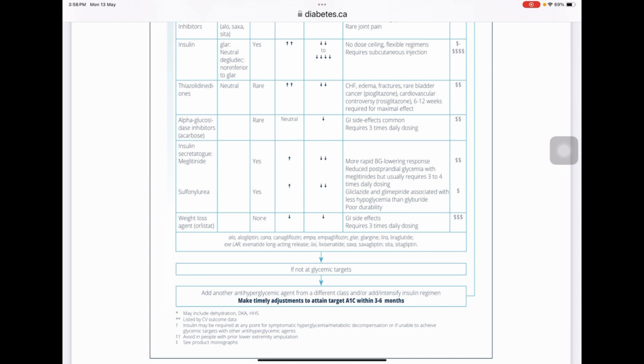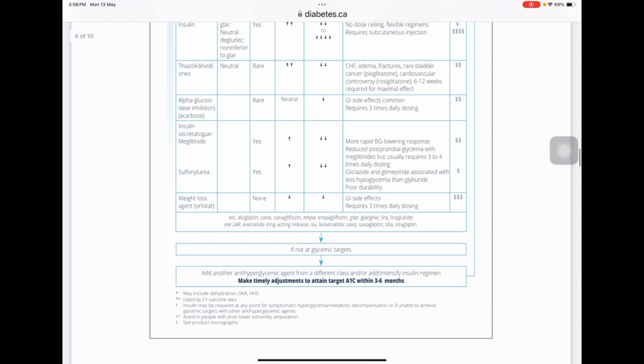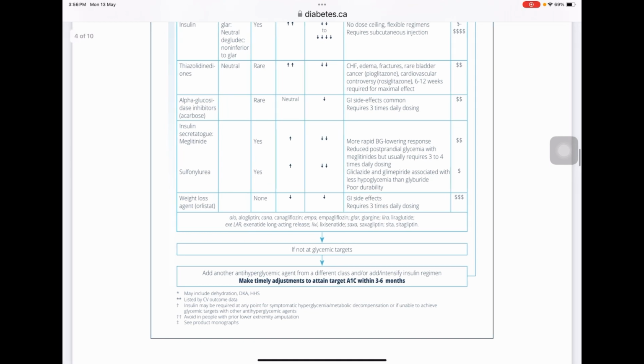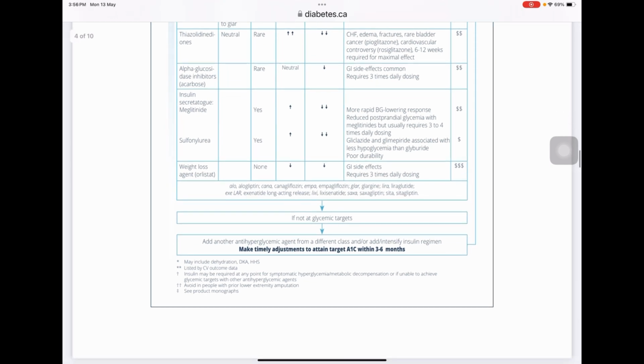The patient has not achieved the target, so we can increase the dosage of the insulin, or we can add on insulin, or we may add on another drug depending on the patient's condition. Make timely adjustments to attain target HbA1c within 3 to 6 months. So our target is to achieve the HbA1c goal in 3 to 6 months, right?